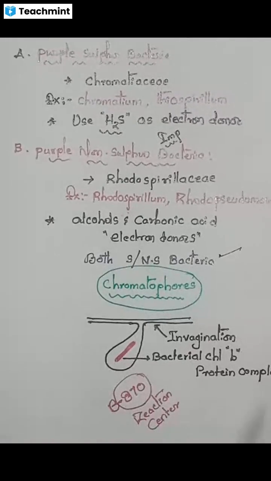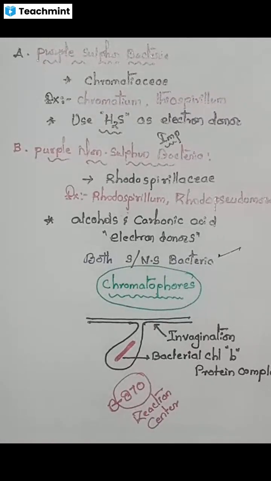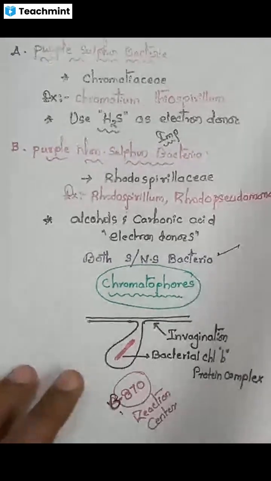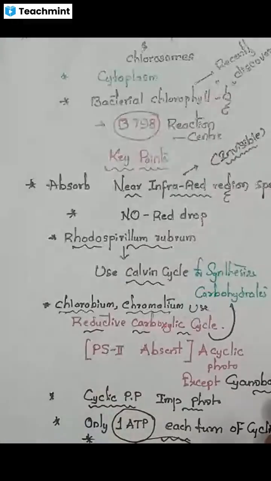Chromatophores are vesicle-like structures originating from the cytoplasmic membrane by invagination. They contain a rod-like structure known as bacterial chlorophyll B protein complex. In purple bacteria, the reaction center is B870.